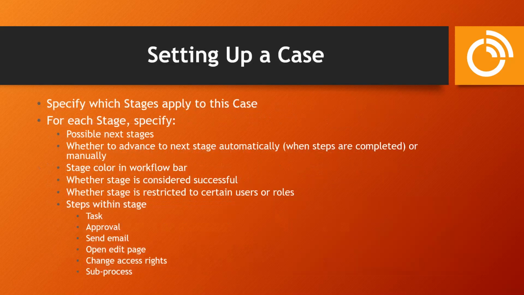When you're setting up a case, that's one of the things you'll specify is which stages apply to that case. And then for each stage, there are a series of things that you can configure, including what can come next in the process, whether or not you automatically advance to the next stage when steps are completed, or whether the user clicks to the next stage when they're ready, what color each stage shows up in the workflow bar, whether, if it's an end stage, that counts as successful or not successful, whether all users can go to that particular stage or only some users, and all of the steps within that stage.